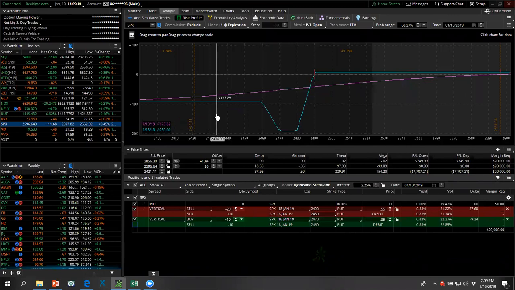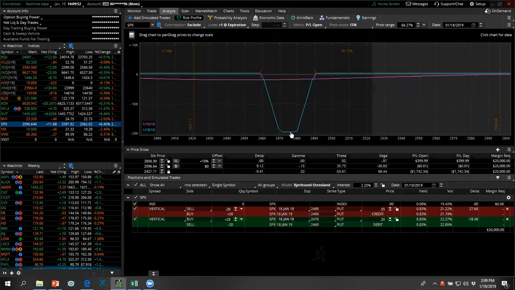Now further on down, we have reduced the risk to $7,175 if the market should go down that much. All right. What if I did all 20 of them? Same idea. At some point, the maximum risk is still 20,000, so it has not changed it here. It's showing us the highest theoretical risk. But if the market goes down enough, we even have a profit to the downside. So that's how that would work.